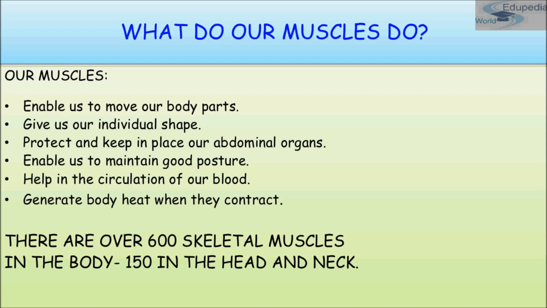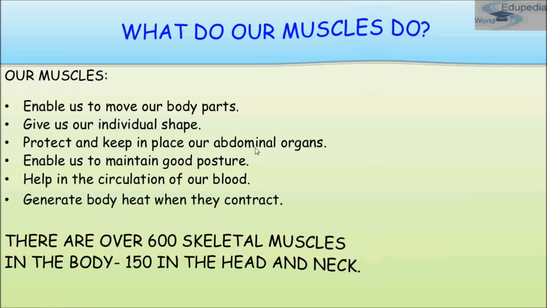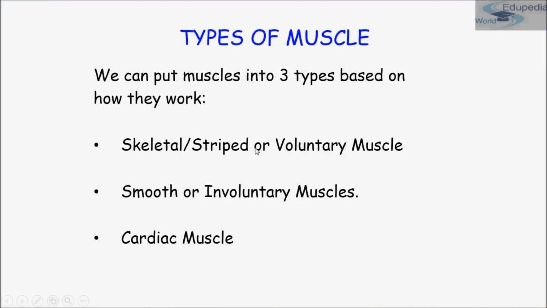And fourth, muscles enable us to maintain an erect posture, help in the circulation of our blood, and generate body heat when they contract. So there are over 600 skeletal muscles in the body, of which 150 are in the head and the neck.